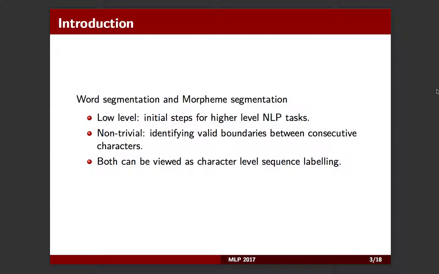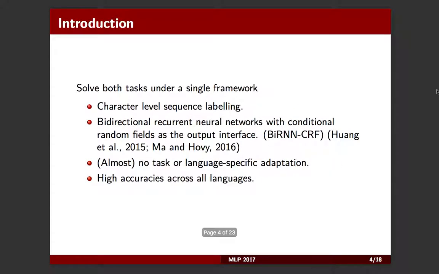So in this case, actually, word segmentation is very similar to morpheme segmentation, as they can be both regarded as identifying valid boundaries between consecutive characters, and therefore both of them can be viewed as character-level sequence labeling.